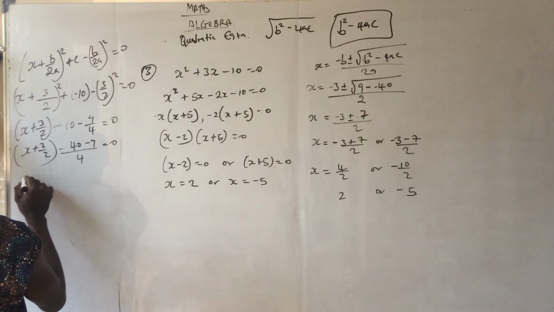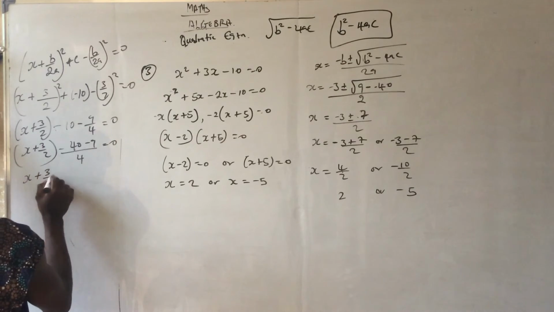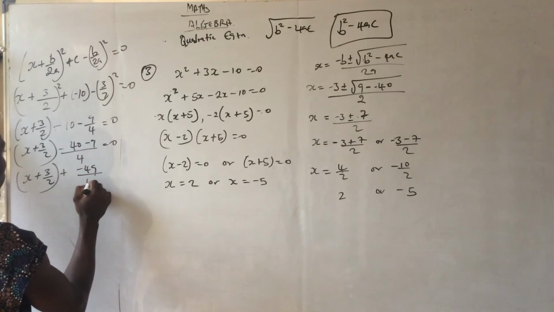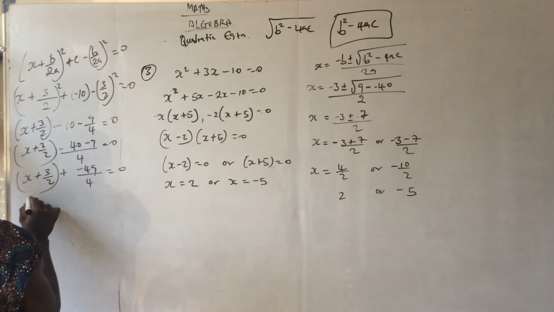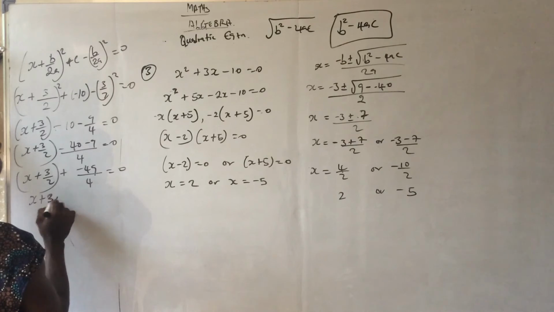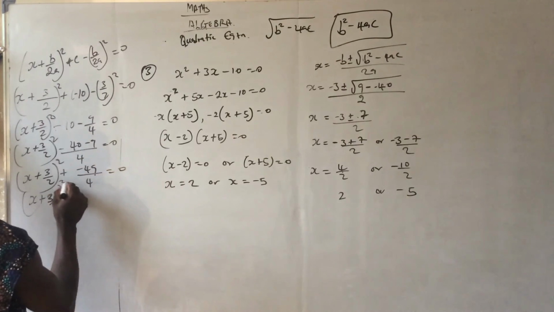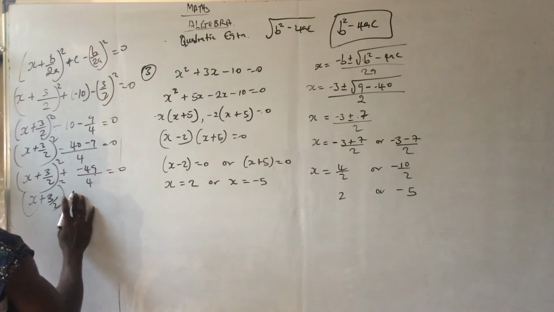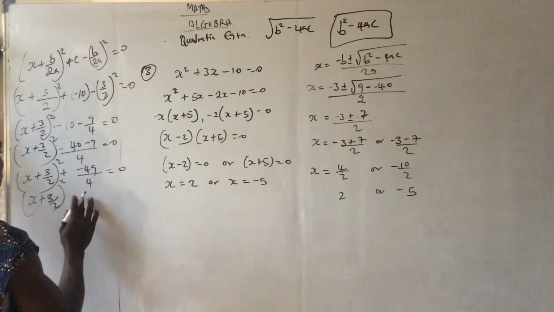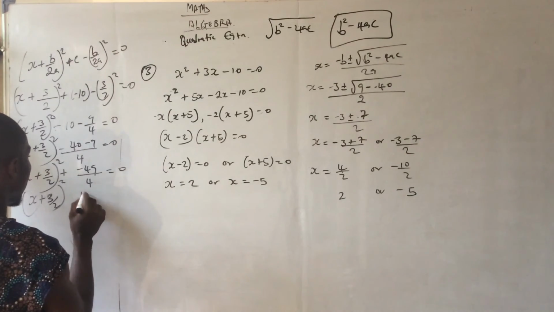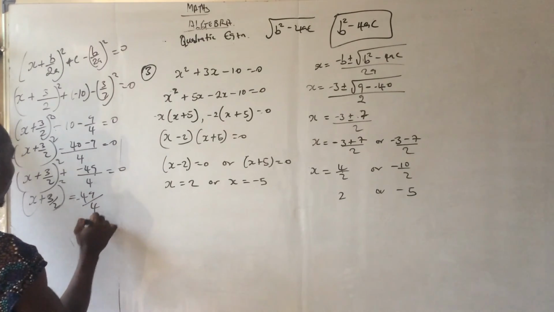So now this is going to be x plus 3 over 2 all squared minus 49 over 4 equal to 0. So x plus 3 over 2 all squared is now equal to 49 over 4.